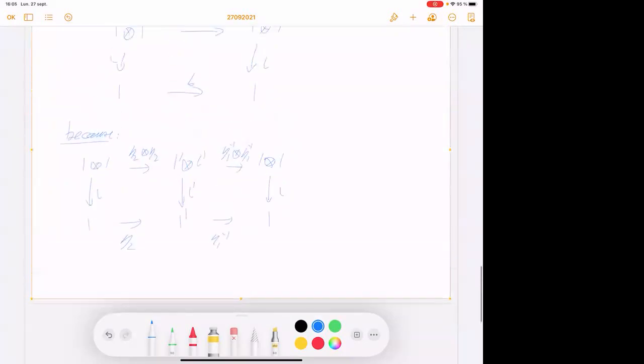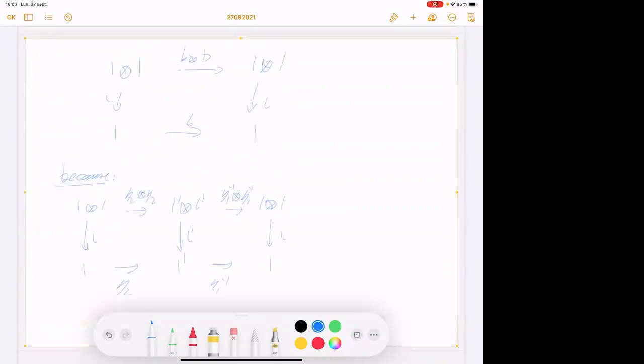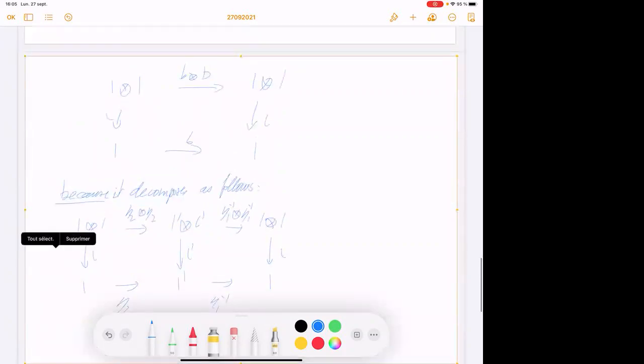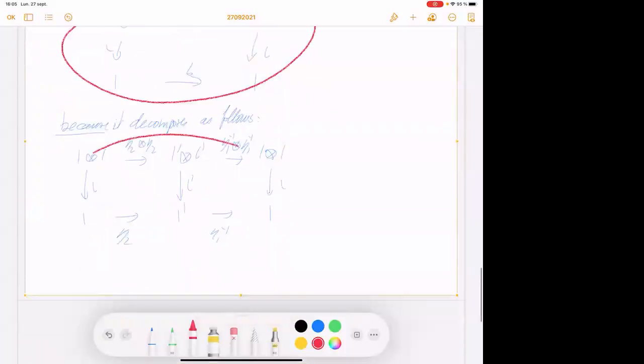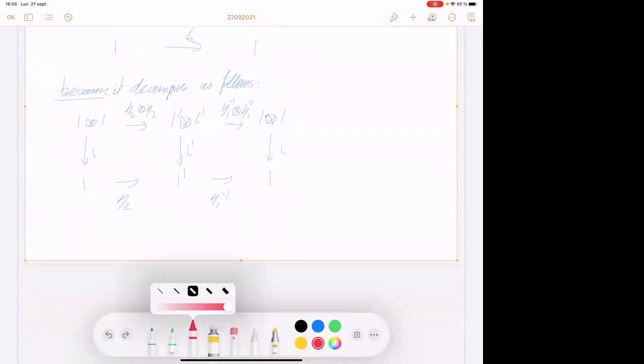So you see, because it decomposes as follows. You can decompose this one by this one. You just add the thing in the middle. And both left and right commute by the previous exercise.